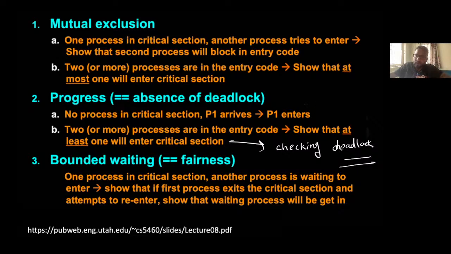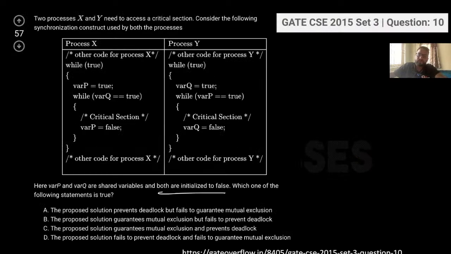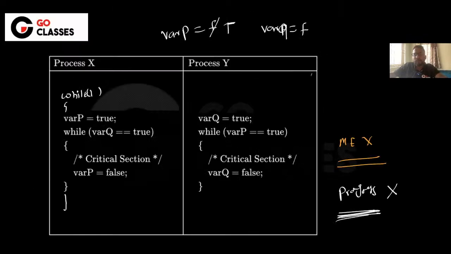So this is a very good example where you can see the difference between the progress and deadlock also, right? So here the progress is not satisfied. It does not mean that deadlock is also there. Okay. So deadlock is not there. Deadlock is also not there.